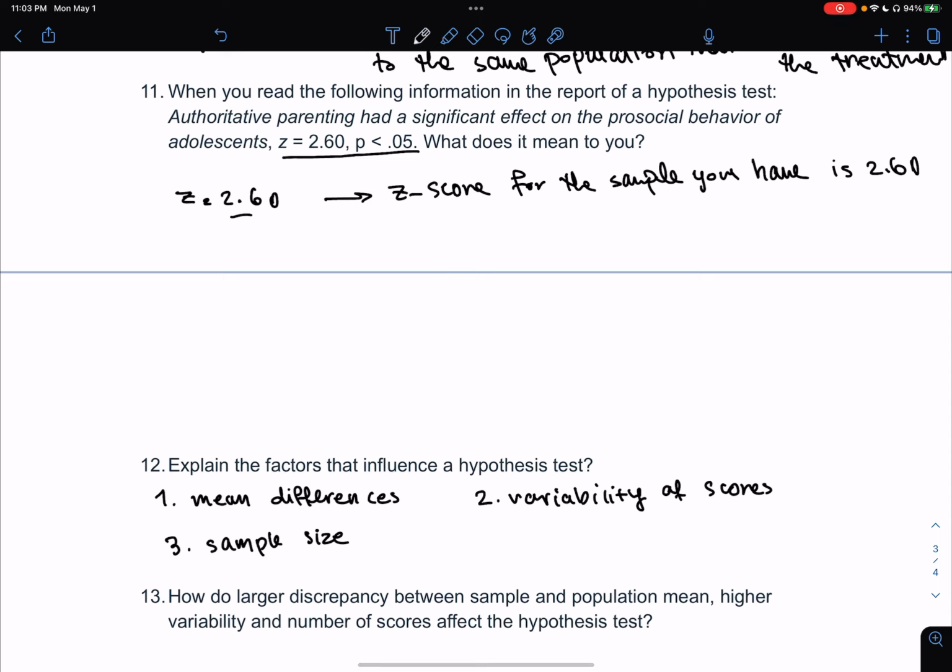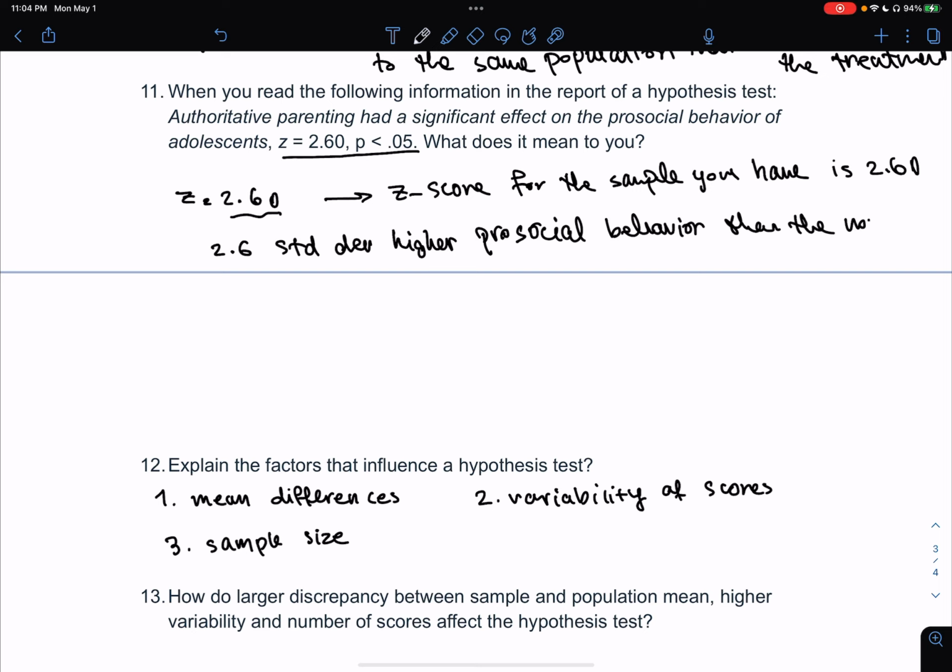This means that the sample you have is 2.6 standard deviations higher, or they have higher prosocial behavior than the normal population.